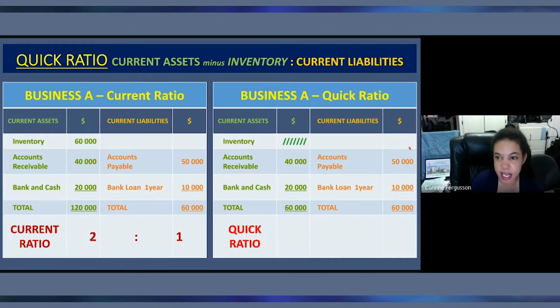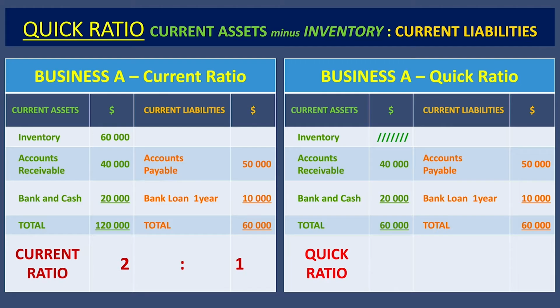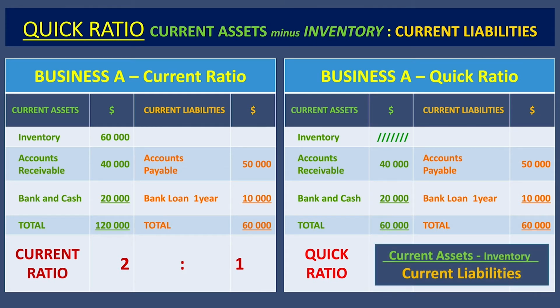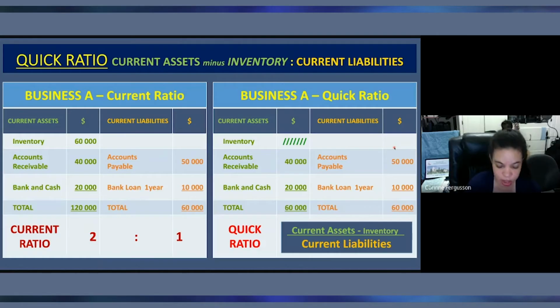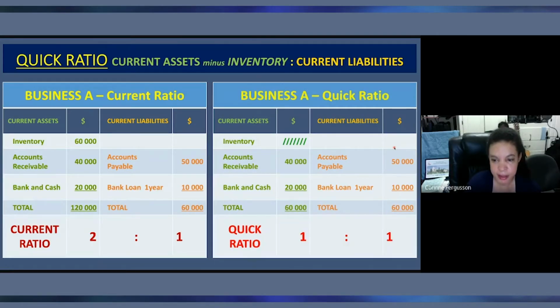And then your current liabilities remain the same, still 60,000. So remember what the formula was for the quick ratio. It's the current assets, you take away your inventory and you divide by your current liabilities, which would be 60,000 over 60,000, which gives you 1 to 1.